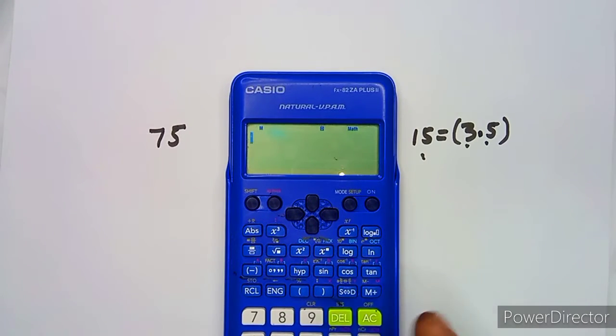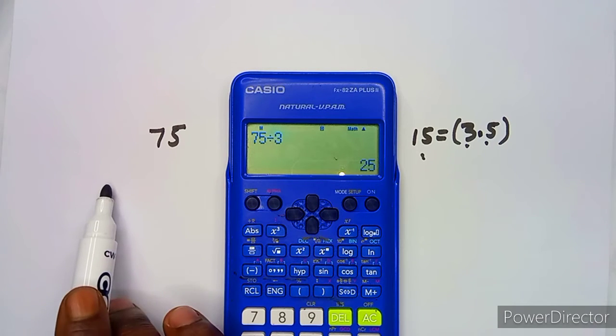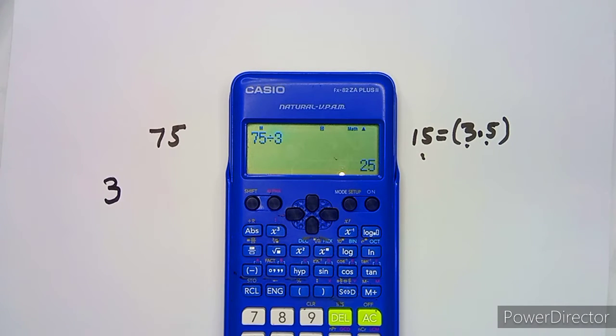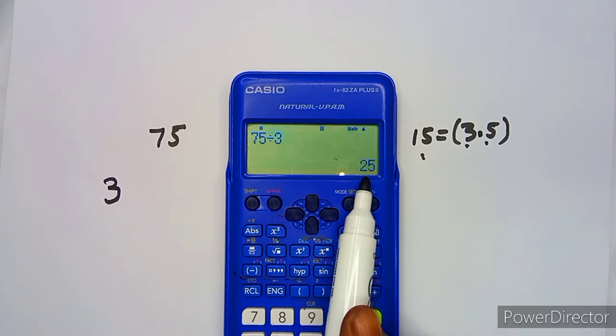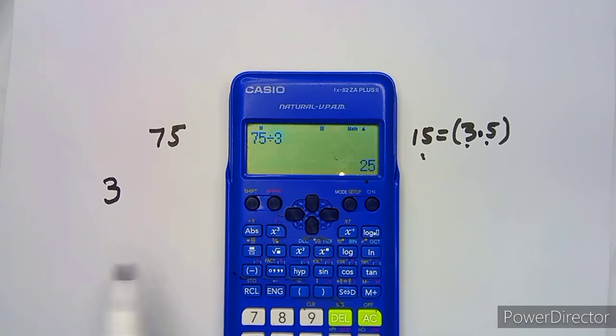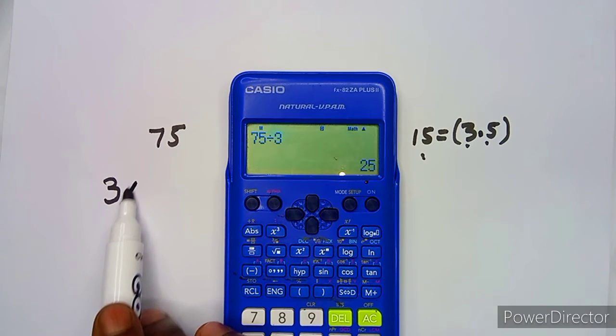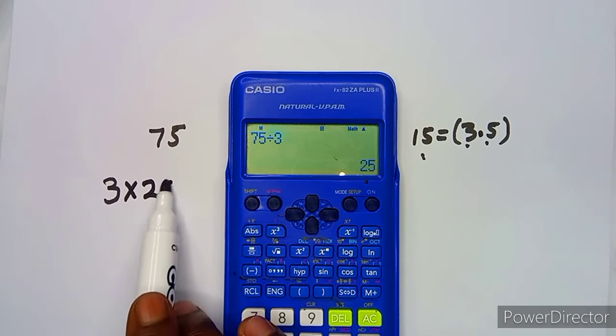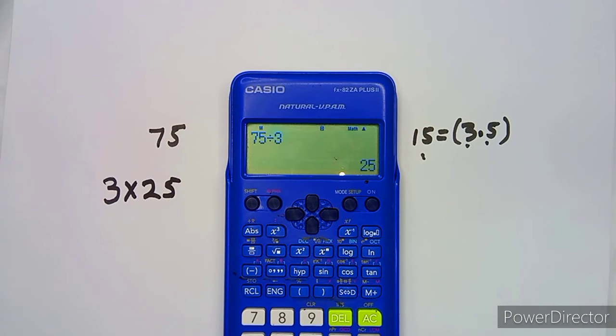So let's divide by 3. 75 divided by 3, we obtain 25. So which means when 3 is a factor, we are obtaining 25. So this is now times 25 because we divided by 3.